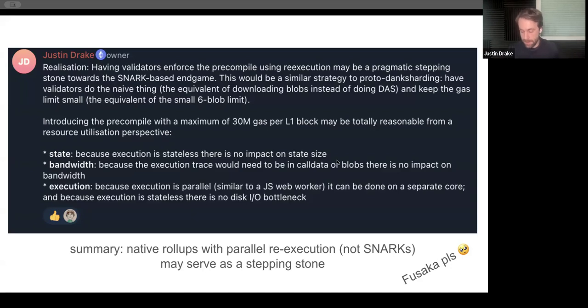So the second path, which I guess is the one suggested by Vitalik, is this really clever idea that the proofs don't go on chain. The proofs instead are gossiped off chain to the validators. All of the validators have this abstract notion of the EVM, which is basically the yellow paper or the Python executable specs.